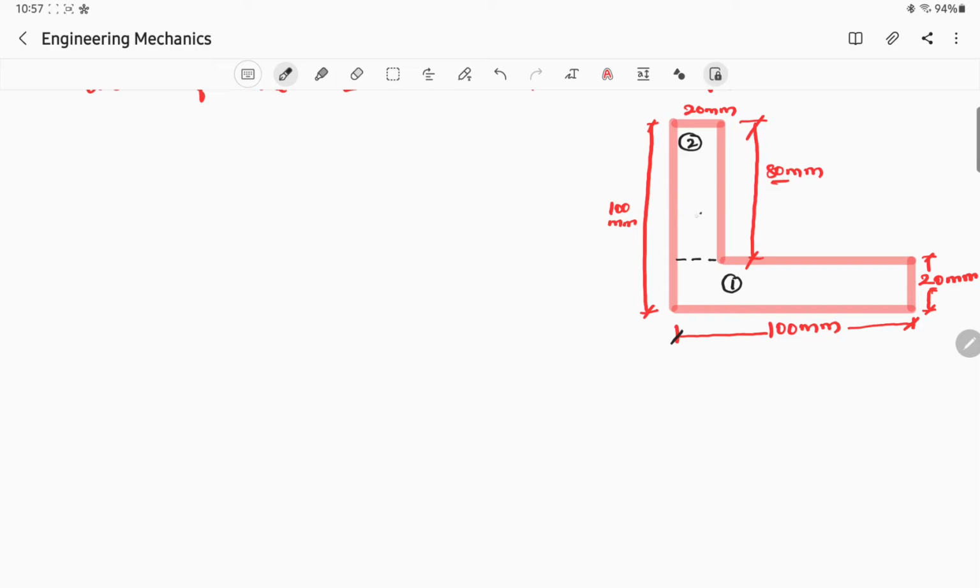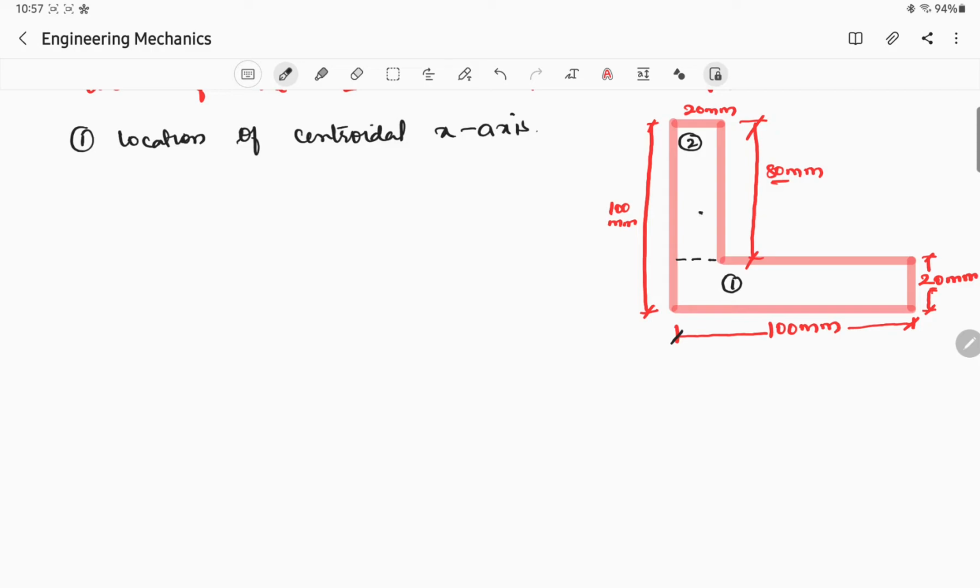Okay, the centroid of this L section will lie somewhere here. I don't know where it is. So the first step is location of the centroidal x-axis. Okay, so we have to calculate the centroid of this figure. How to calculate the centroid of this figure?